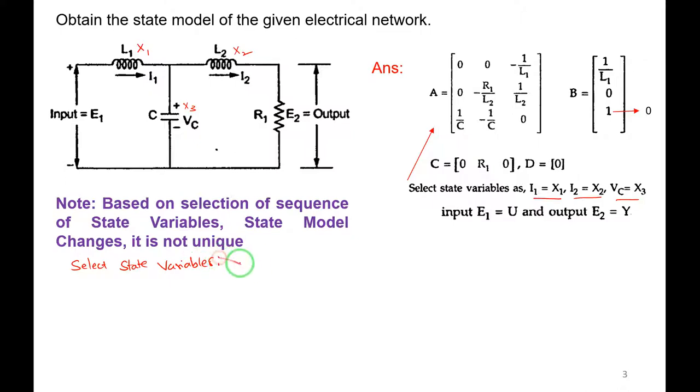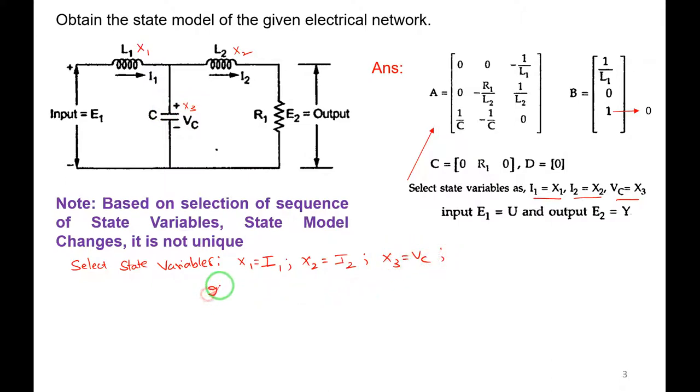I have selected already. So x1 is equal to what? Sorry, current. We have to take the variable. Current flowing through this inductor is I1. Then x2, the current flowing through this inductor L2 is I2. Then the voltage across the capacitor, let me take it as x3.